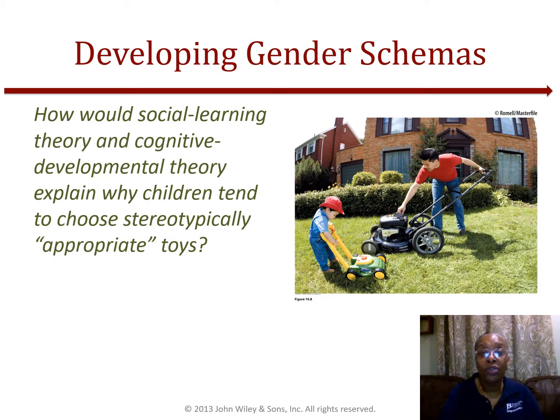As children start to process information about the world and gain world views, they'll also create internal rules governing the correct behaviors for boys versus girls. On the basis of these rules, they'll form gender schemas, or think of them as mental images of how they should act or how they should be.